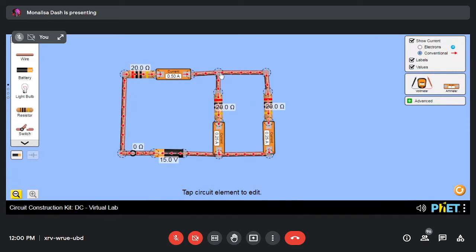This is the input current, and you notice how it will be divided into this side and this side. So we have to prove I is equal to I1 plus I2. Yes or no? Yes. So here you see 0.5, here 0.25, 0.25. Summation is 0.5.